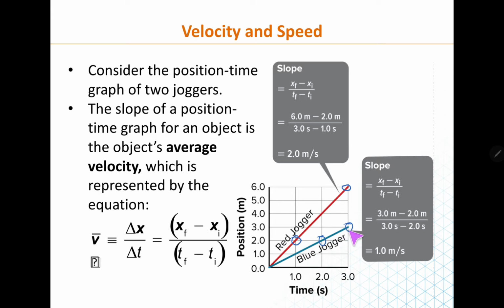So here we have the x final and time final, and here we have x initial and t initial. So x final is equal to 3 meter minus the second one, which is equal to 2 meter, over t we have 3 minus 2. So the final result for this equation is equal to 1 meter per second, and this is the velocity for the blue jogger.